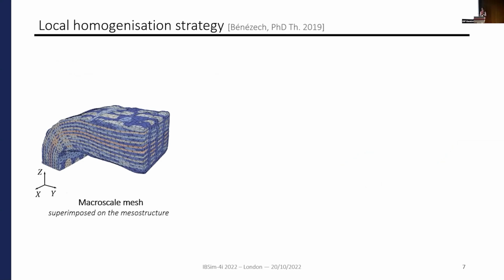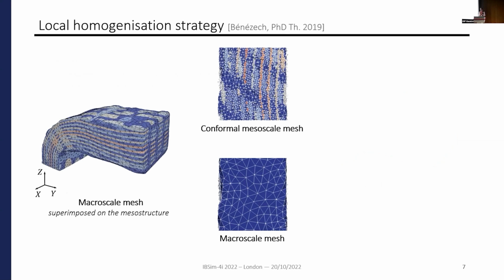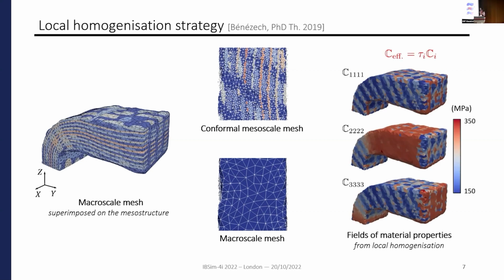But on this kind of model, if we want to describe explicitly the mesostructure, it's an induced model with a lot of degrees of freedom, and we wanted to reduce those degrees of freedom. So we use a local homogenization strategy that was developed by Jean Benezech during his PhD thesis. This strategy consists in using a macro-scale mesh and assigning to all the elements of this macro-scale mesh properties that are issued from a local homogenization of the phases it contains.